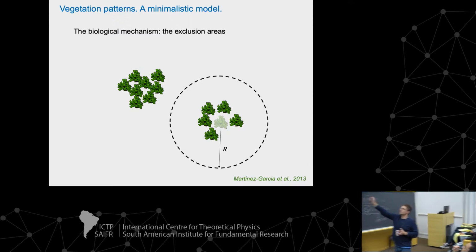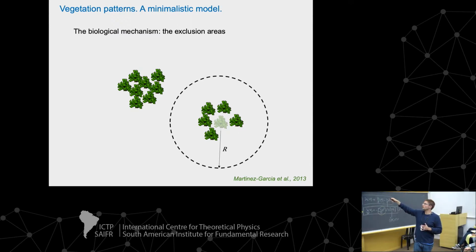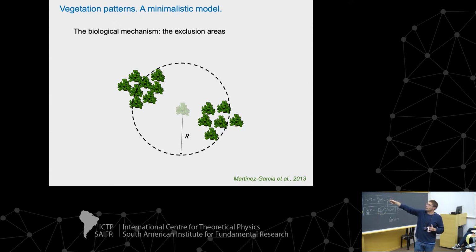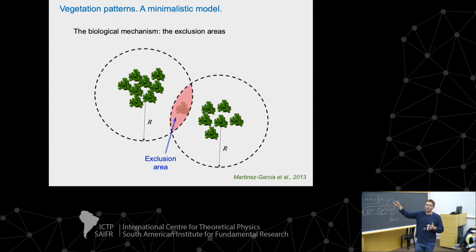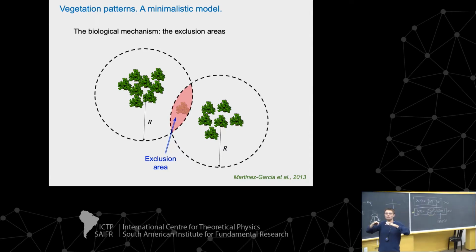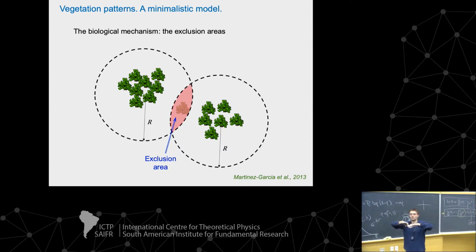And let's say that it's successful there, and we have a new tree, and we are happy. But then we may have plants trying to appear in a place where, because of the range of the interactions, they compete not only with the ones in their clump, but with plants in both clumps, and then the competition is stronger, and in these regions, plants disappear, and they reshape the spatial distribution of plants, leading to the formation of these regularities.